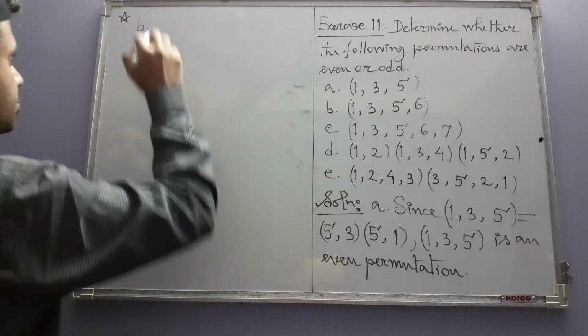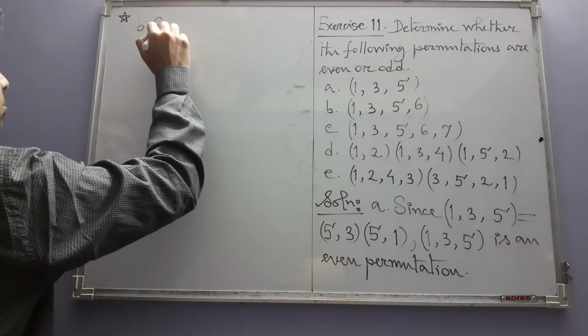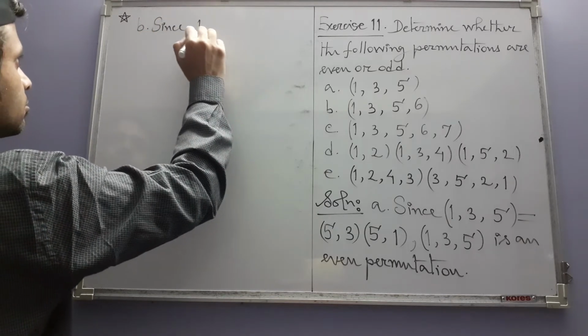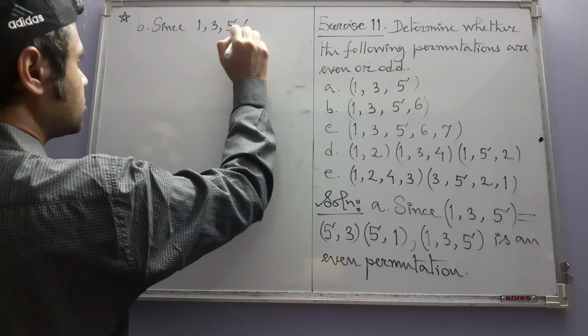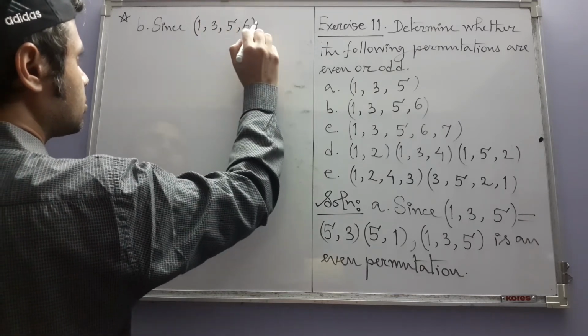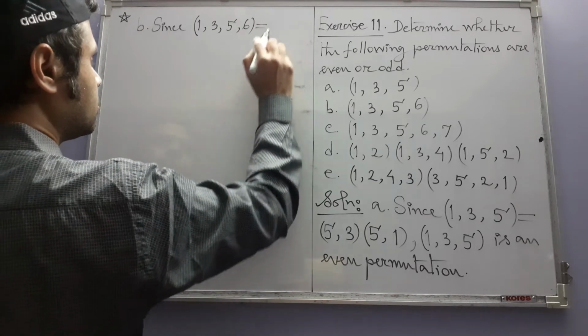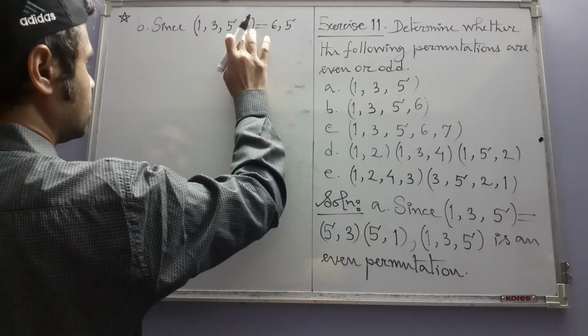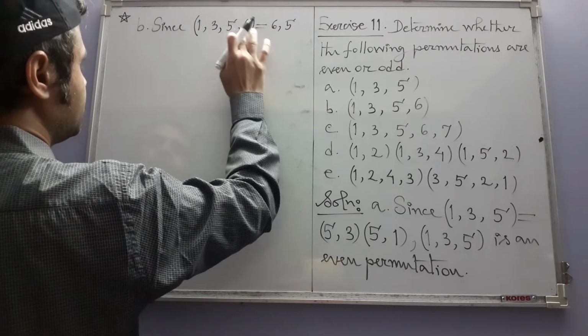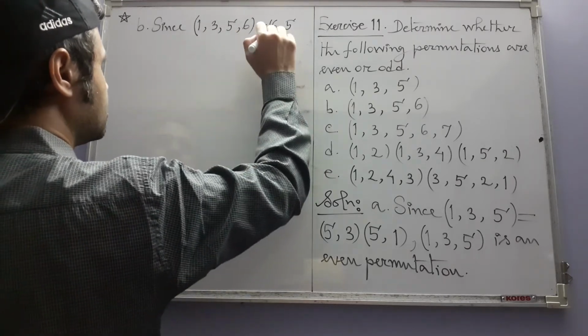Then B, since 1, 3, 5, 6 is 6, 5, you start from this side, okay, and you write like this: 6, 5, 6, 3, 6, 1. That is the scheme.